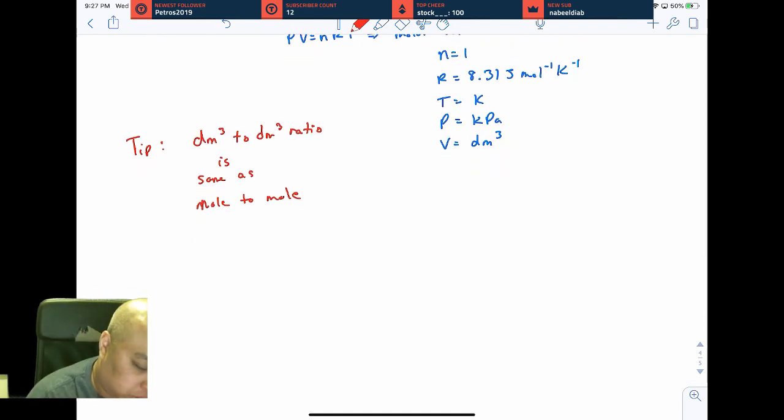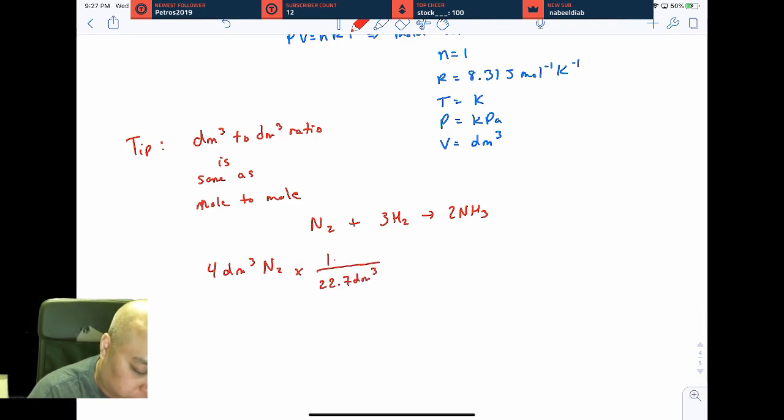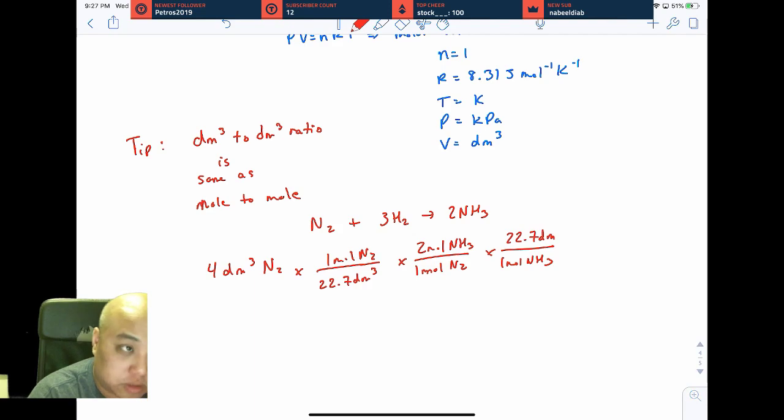And so you can see that, let's say for that equation again, N2 plus 3H2 yields 2NH3. If I start with 4 decimeters cubed of N2, yes, I could convert using molar volume and then say, well, 1 mole of N2 makes 2 moles of NH3, and then 1 mole of NH3 makes 22.7 decimeters cubed.